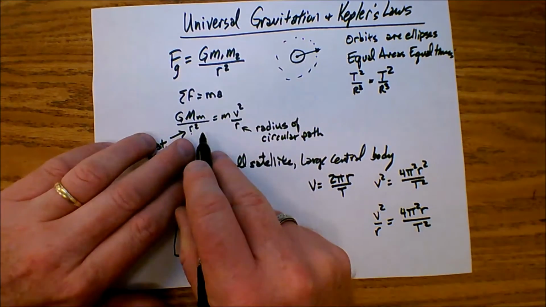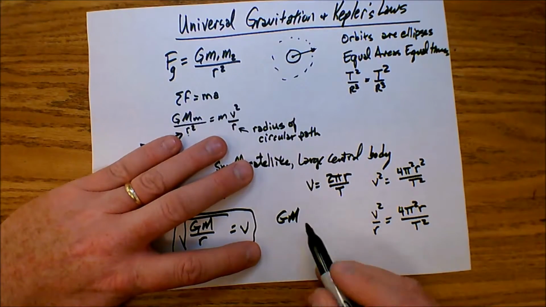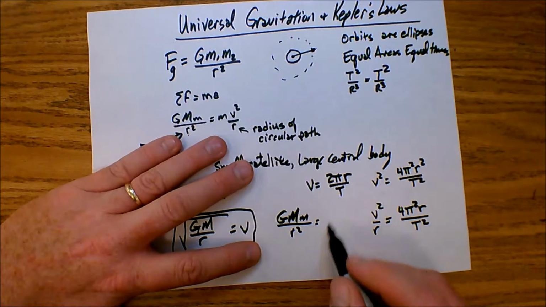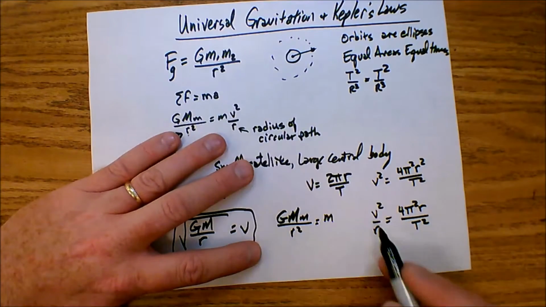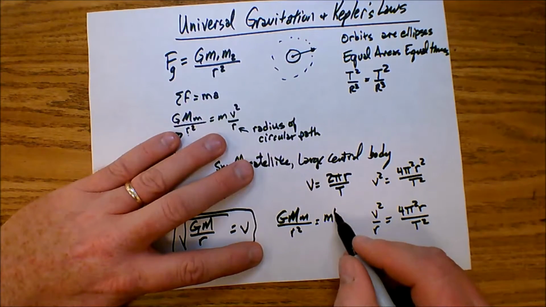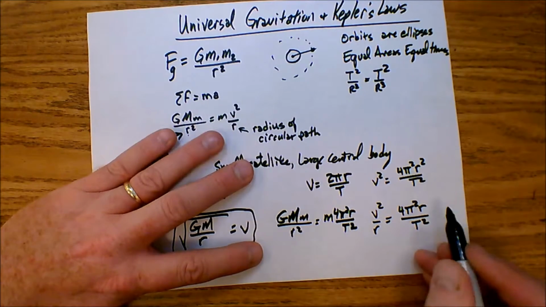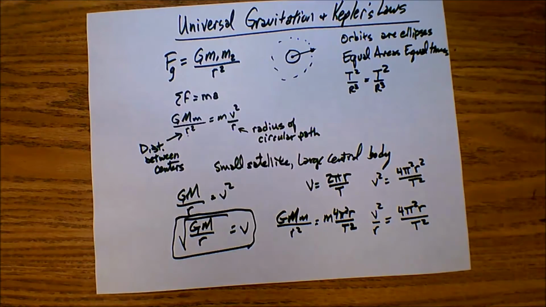So let me back up to this equation here, where I've got big G, mass of the central body, mass of the satellite, over r squared is equal to mass times acceleration. And the acceleration v squared over r is the same thing as 4 pi squared r over T squared. I'm going to start with this on a new sheet of paper.